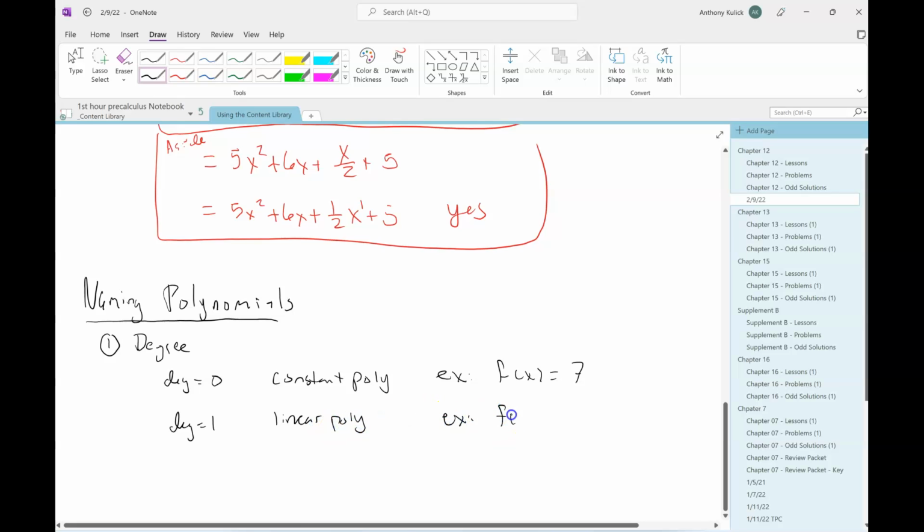An example could be anything in that y equals mx plus b form, like y equals 2x plus 5.